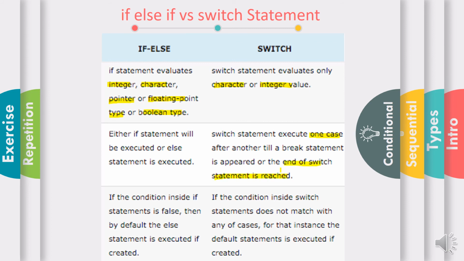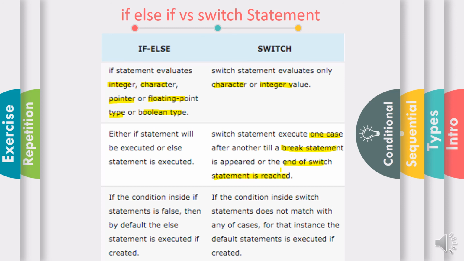It means that in if else if statement either one block is executed or the other one, but in switch statement one case meets the condition, so that case is executed, and when it meets a break statement it will break the execution sequence and take the flow out of the switch statement.